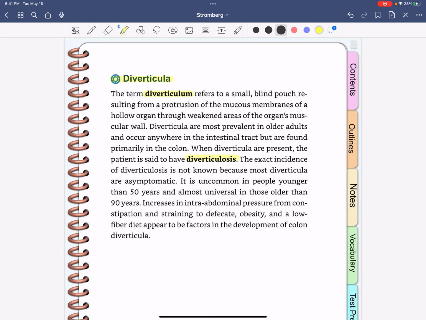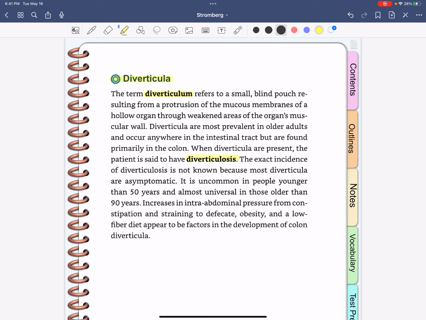But we'll read to find out. So the first thing I do, I mark off the words that look different. Sometimes you'll have words underlined, you'll have words in italics, you'll have things in all caps, and those are definitely bare bones. Then I look at these words and see if I can find the definition.